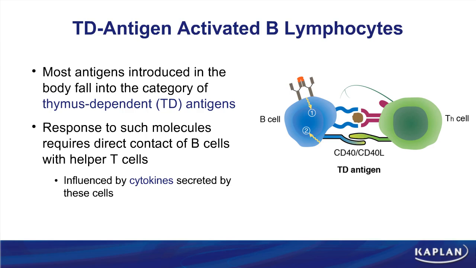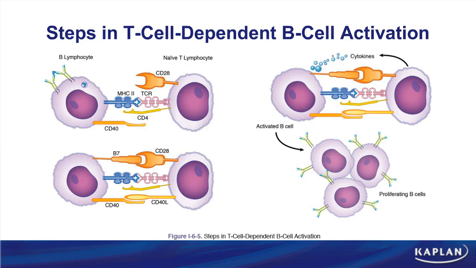So let's take a look in the next slide at essentially what the important steps are in B cell activation. Before we start, I want to remind you that Dr. Ali at the beginning of this chapter talked about an interaction between T cells and macrophages, where you could see what sort of molecules the T cell was looking for by way of the pro-inflammatory cytokines, by way of the B7 molecule, and then what the macrophage was looking for, in particular interferon gamma.